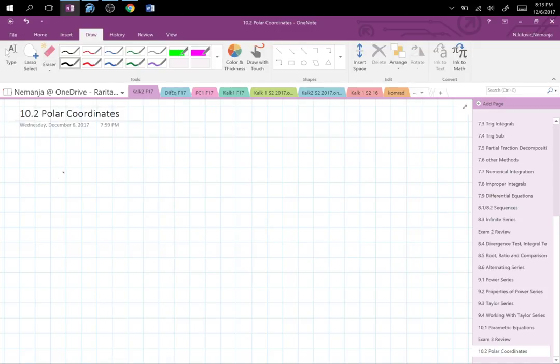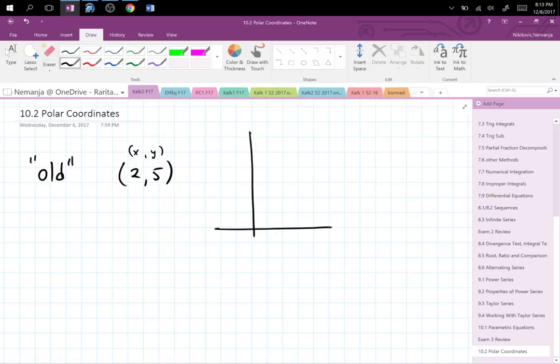So what you are used to, and I'll label that as old, is to have a point 2, 5, which was the point x comma y, and then you will locate that point on your xy coordinate plane by counting 2 in the x direction and then 5 up.